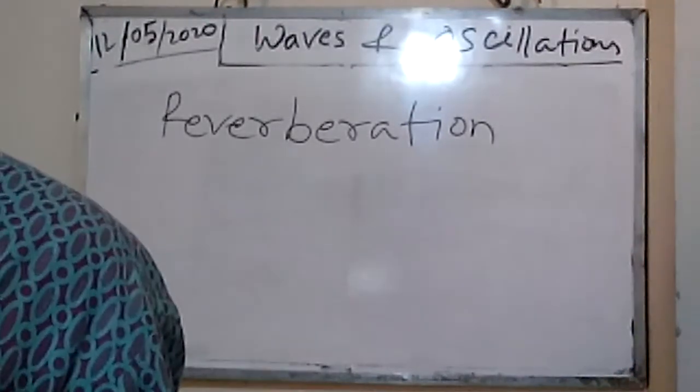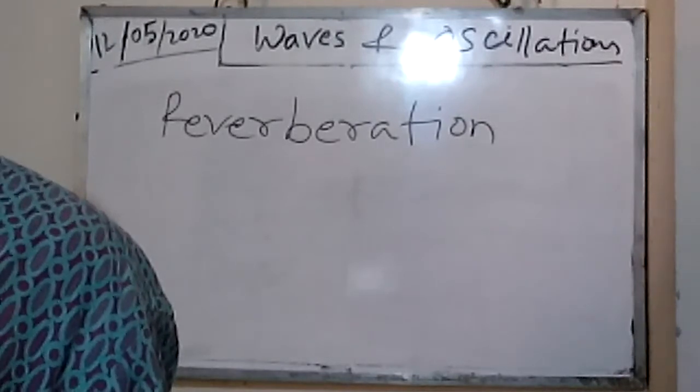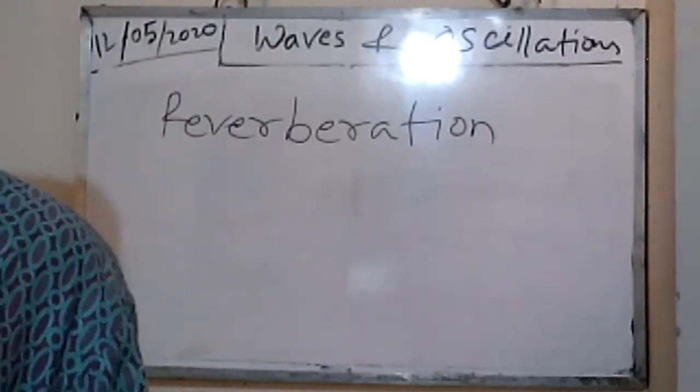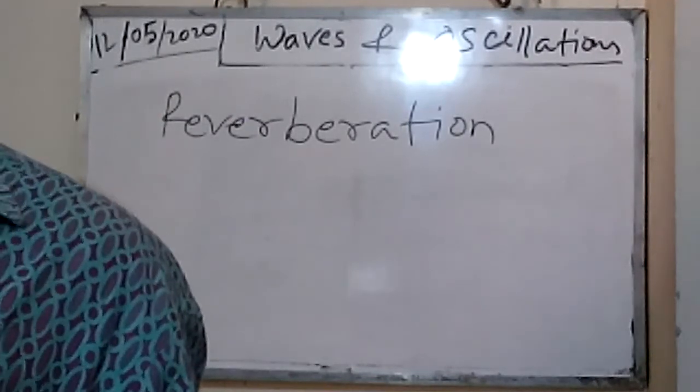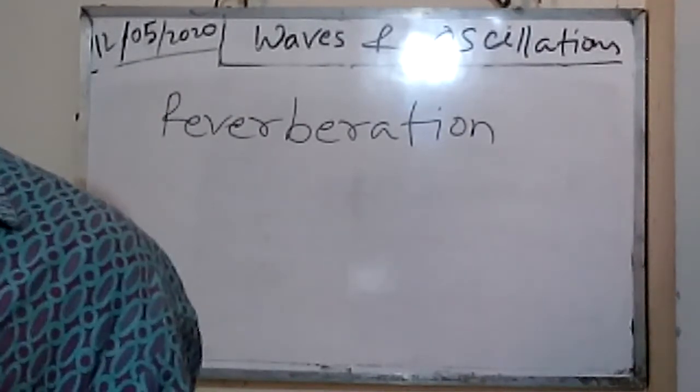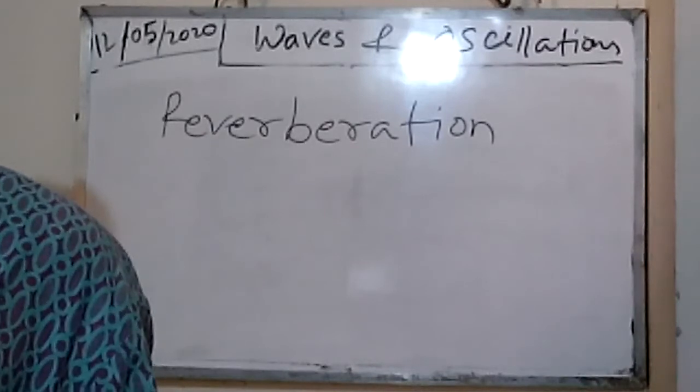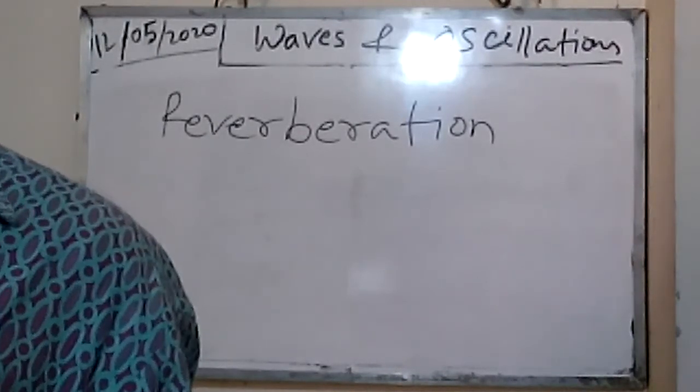Similarly, half inch gypsum board reflects 96% and only 4% is absorbed, so the coefficient will be 4 by 100, which means 0.04.